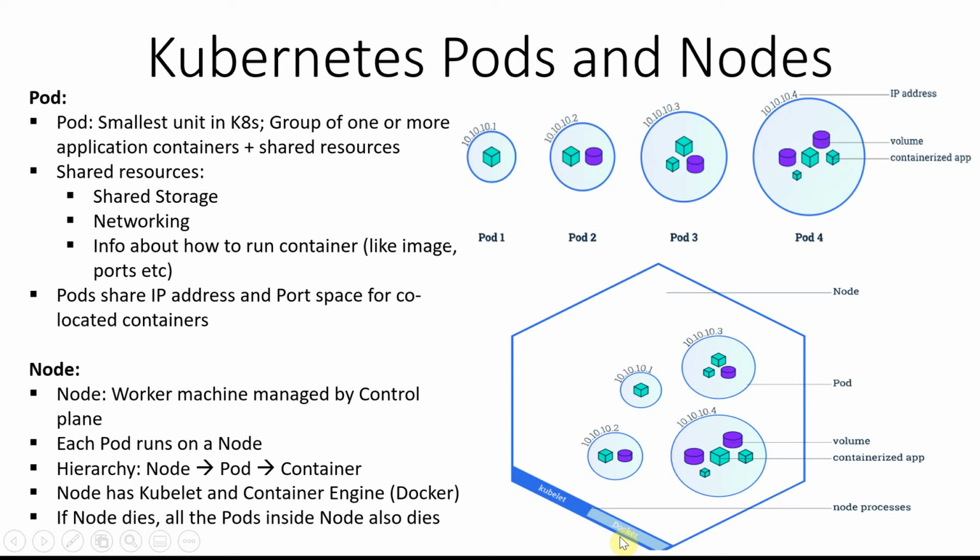Docker was the standard container engine, but just for you to understand, from Kubernetes version 1.20, which is a very recent version, three months old, Docker is not the official container engine.